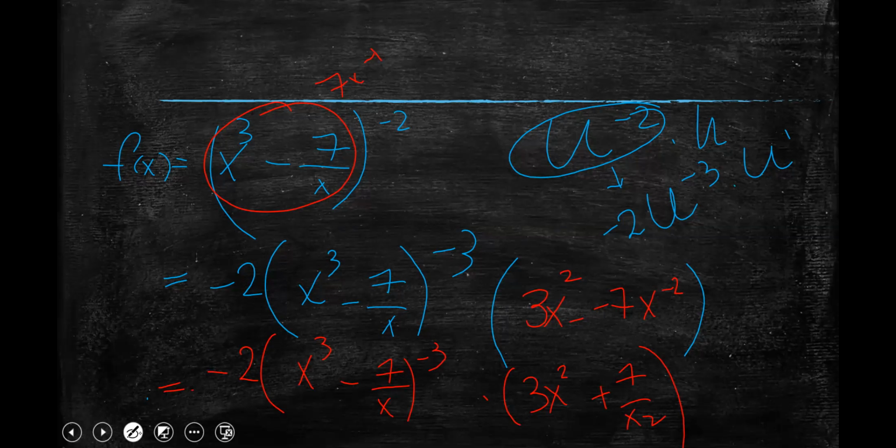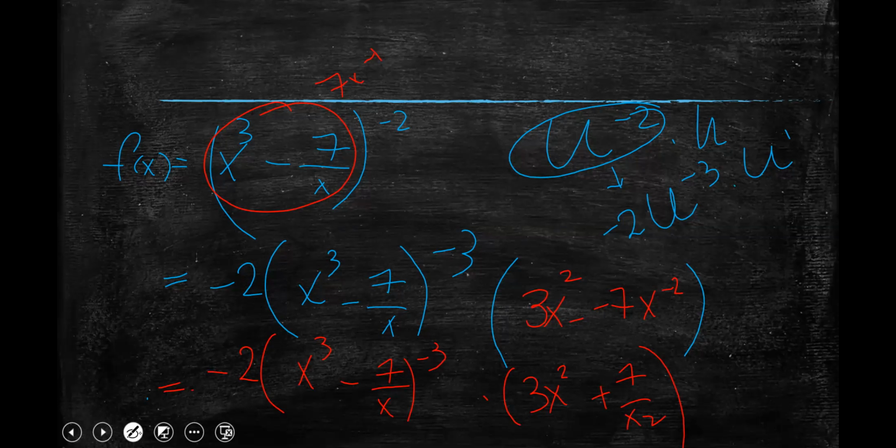I can write it as 4 times (3x squared minus 2x plus 1) raised to the power negative 3. So 4, and I will deal with this as u raised to the power negative 3.